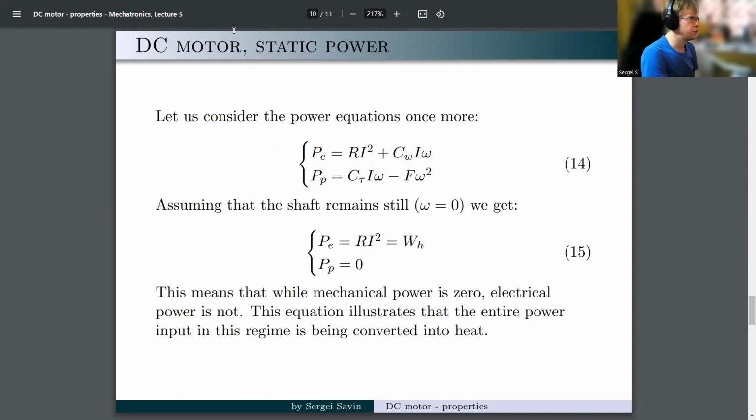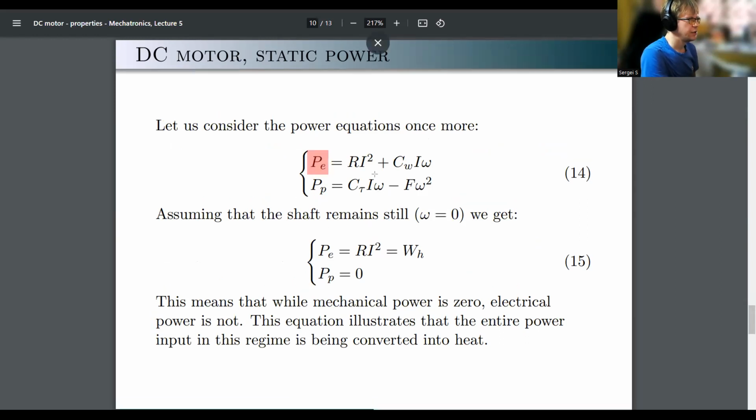Now let's go back to this power equation. We have electrical power equal to the power of heating plus power of back EMF, and here we have power of the payload equal to the power of produced torque minus power of viscous friction. Now, what happens if the shaft remains still?